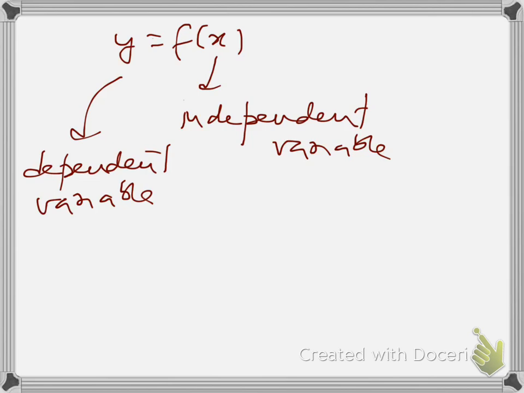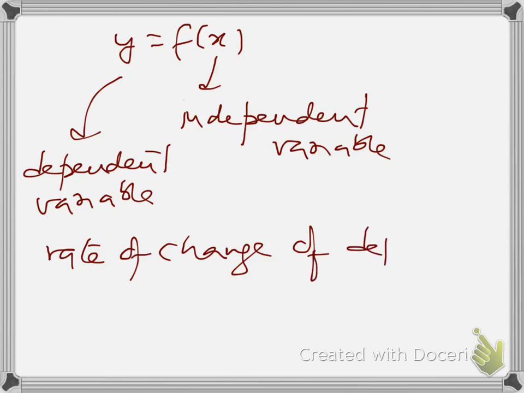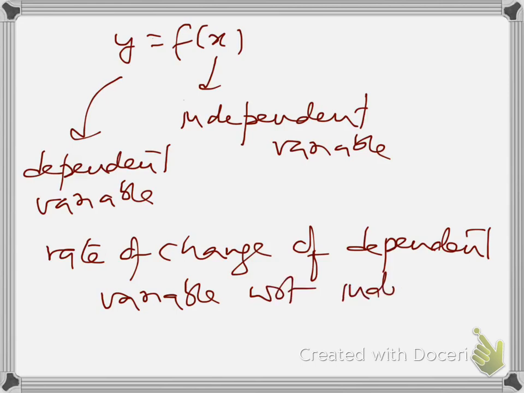Okay, now whenever you have such a relation which is involving one dependent variable and one independent variable, okay, one dependent, one independent, then you can define rate of change of dependent variable with respect to independent variable. Now I am taking you to a higher level concept.